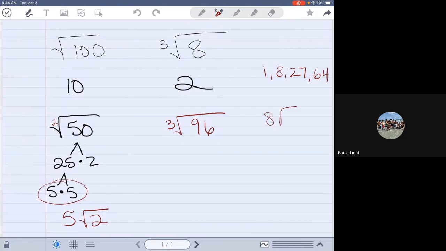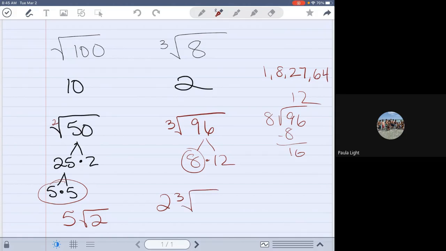So I go 8 into 96, 1, 8, 12. So I break this down as 8 times 12, and I know 8's a perfect cube. So that 2 comes out front. Now 12, does that break down to 2 times 6? I'm looking for perfect, no. So it's 2 radical 12, 2 cubed roots of 12. Okay, that's how you break these apart.